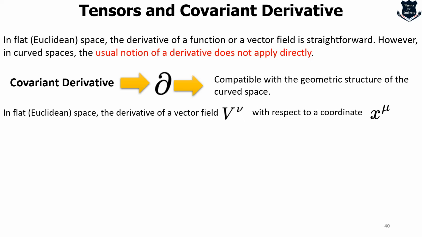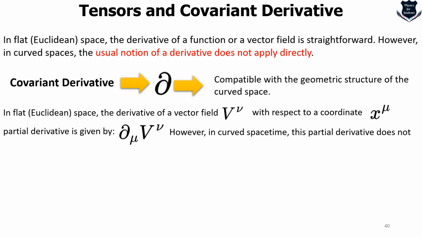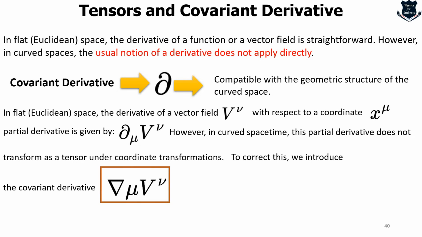In Euclidean space, with a vector field v nu and a coordinate system x mu, we take the partial derivative as del mu v nu. Now in curved space-time, that doesn't work, and the partial derivative does not take the right form. So how do we transform? We introduce this component, nabla mu followed by v nu. And this nabla is basically the covariant derivative, which takes into account the curvature of the space.